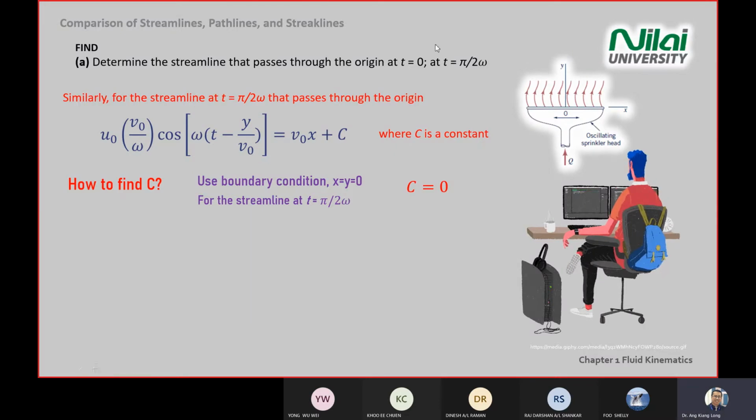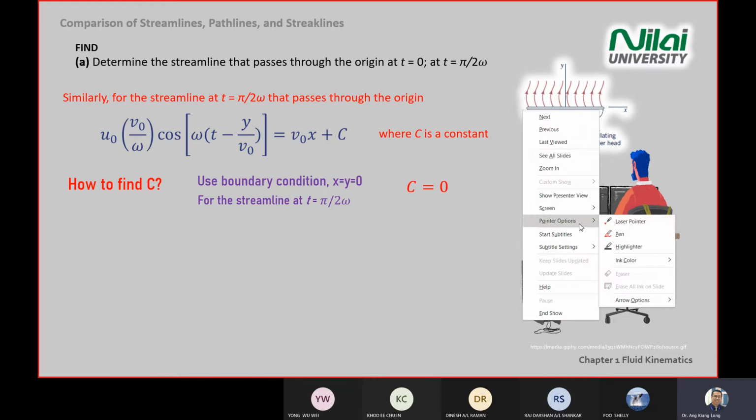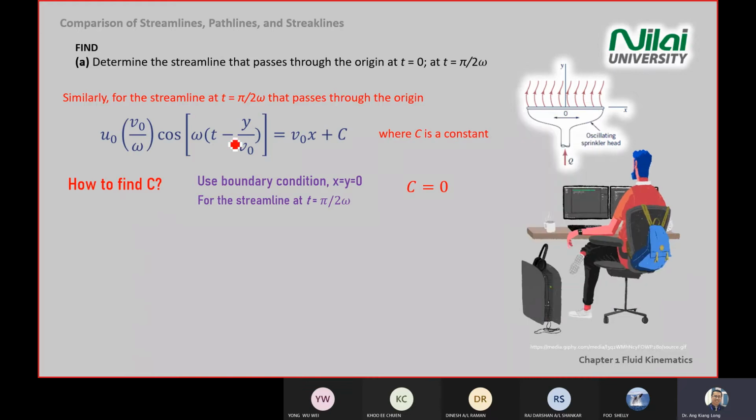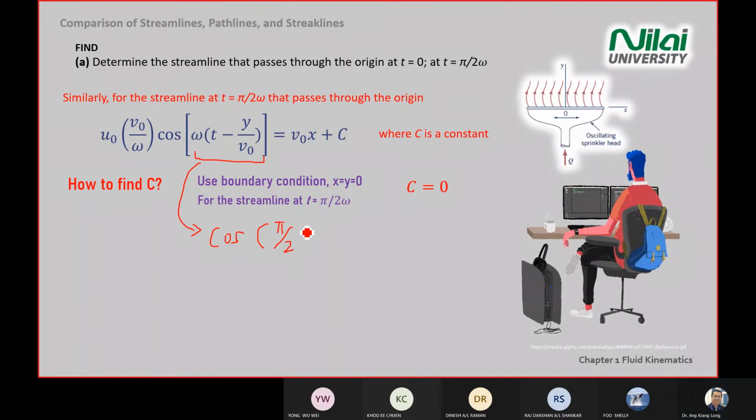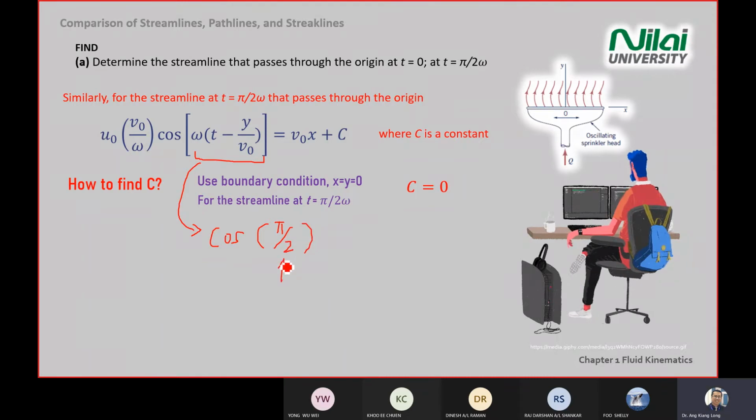Just to clarify the thing you might face when you deal with omega. If you substitute there, you will get cos pi over 2, and this term is in radian.